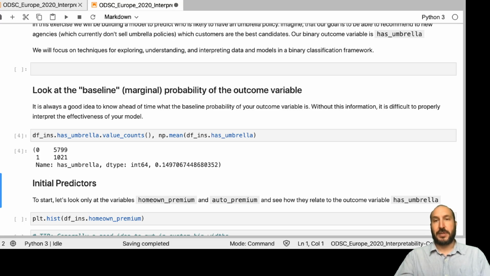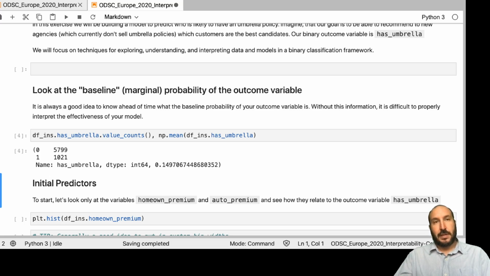And this is a really important number to have in context, because if the thing you're trying to predict is very rare, for example, people who have a particular kind of cancer, let's say, which is very rare, and you found in a certain subpopulation that 15% of the people had this cancer, that would be extremely interesting and influential to know.